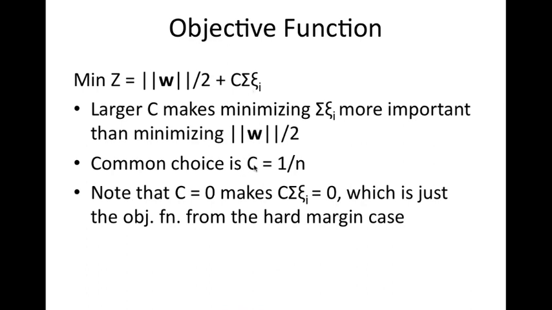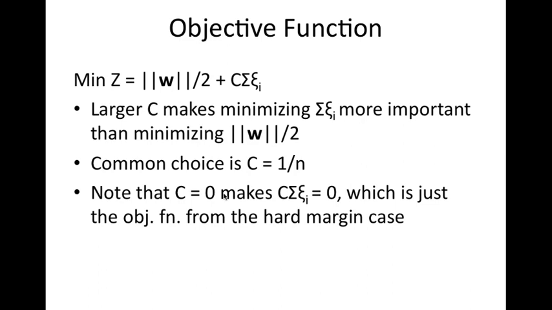A common choice for C, we can really choose anything we want depending on our application and how the data look, is C equals 1 divided by n. If you think about it, the sum of ξ from 1 to n divided by n is basically the average value of ξ. So that's frequently a starting point that people use.